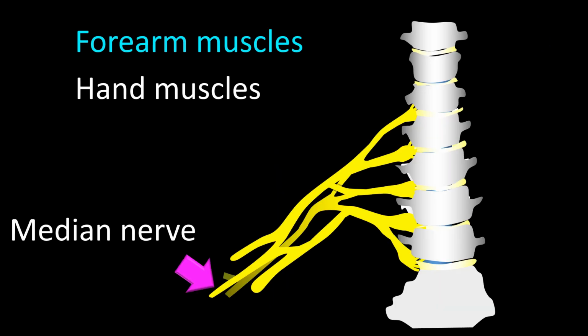Having talked to you about the median nerve innervated muscles of the forearm, I'd like to make a brief comment about median nerve innervated hand muscles and about their relation with the sensory innervation of the same region.